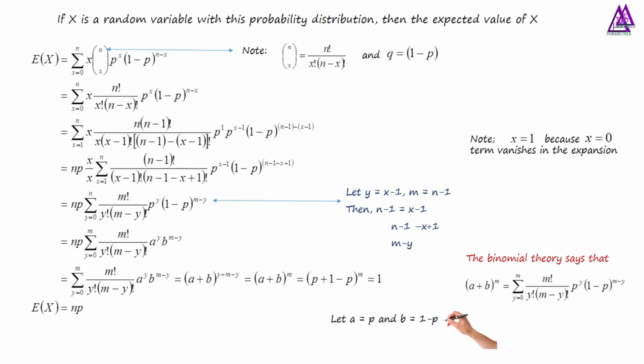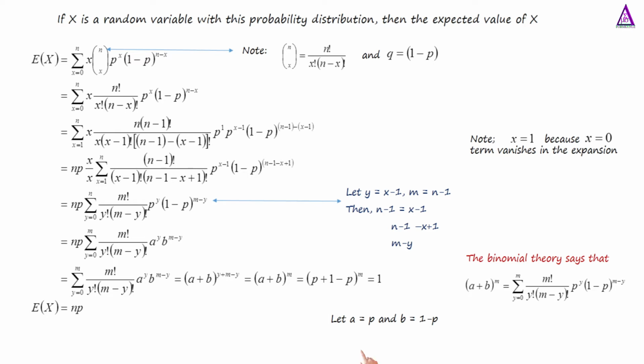Let p equal to a and b equal to 1 minus p. The binomial theorem says that the bracket of a plus b raised to power m equal to everything a. So therefore, we can turn everything in this place into a plus b raised to power n based on the binomial theorem.